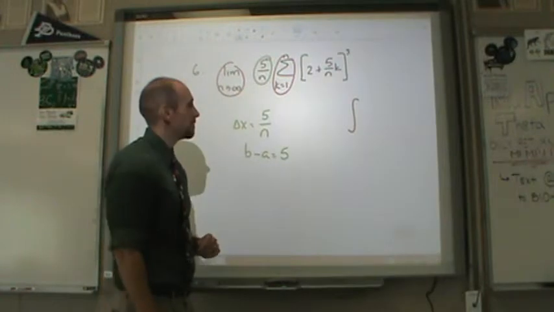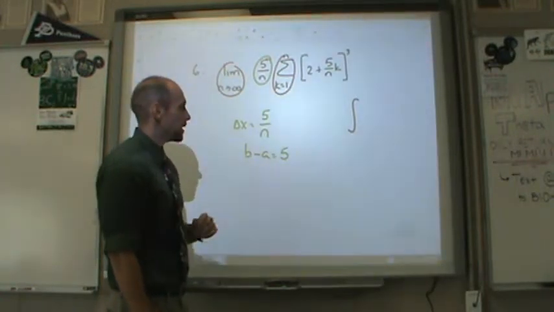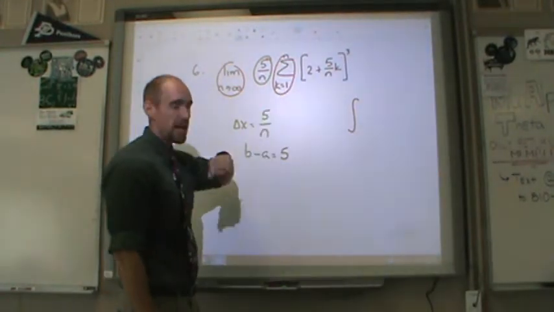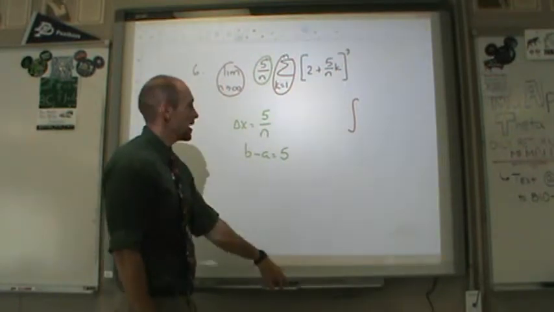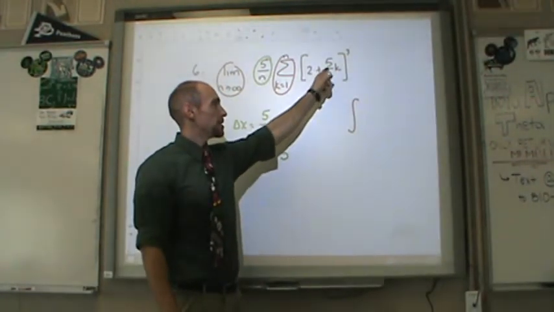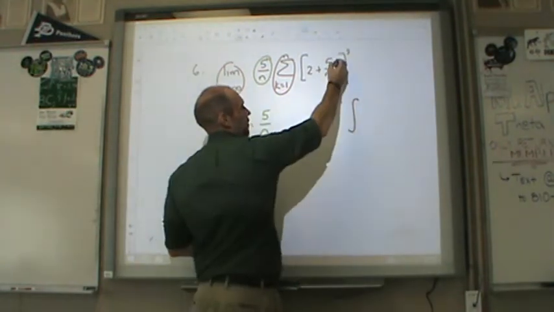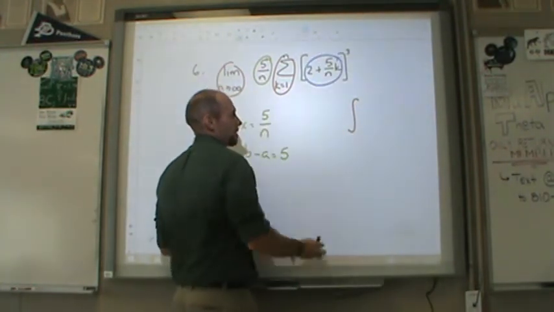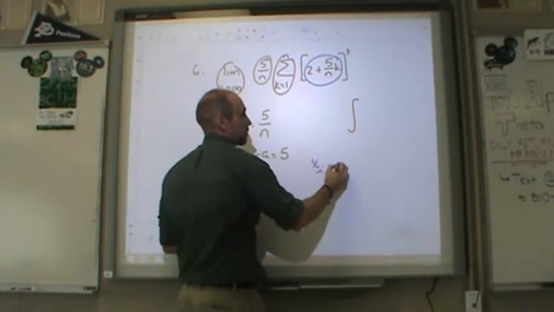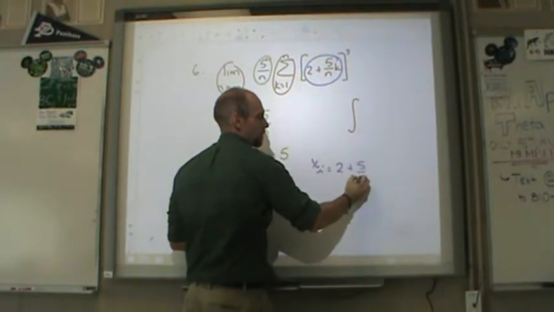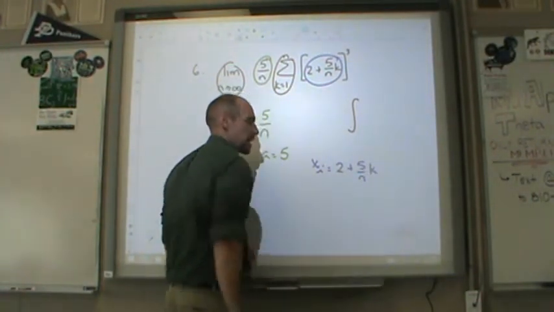We have that. Now, look for that 5 over n times, in this case, k, in your problem. And if I look here, there it is. But notice that something is added in front of it. I'm going to circle this whole thing. That's going to tell me x sub i is going to equal 2 plus 5 over n times k.